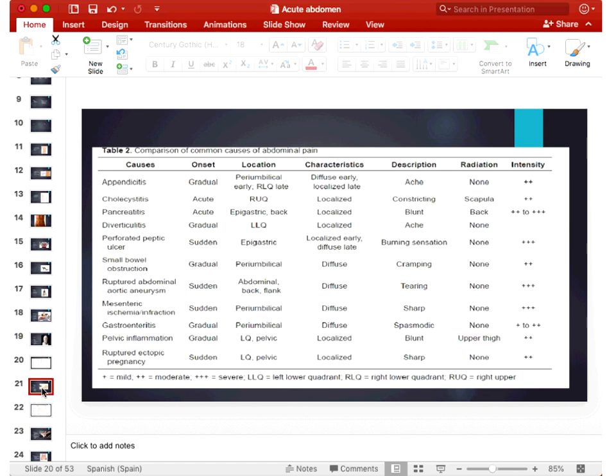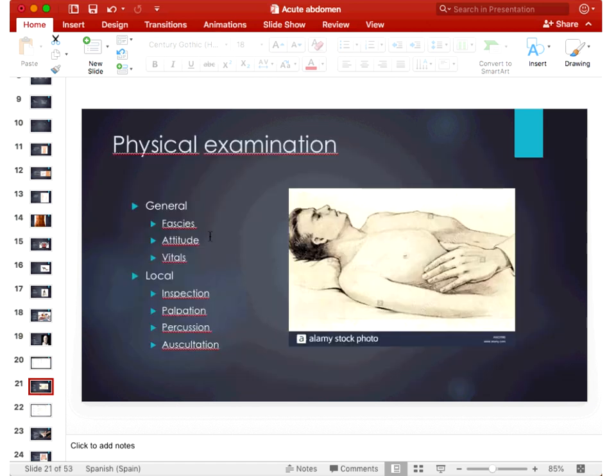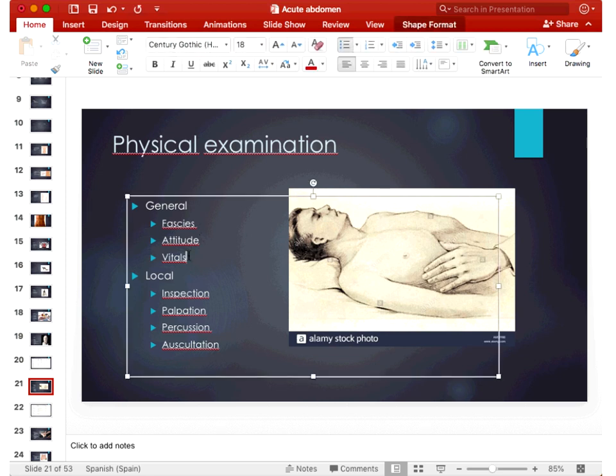Now, when you do the physical examination, you have to see your patient if he has facial pain, if he's yellow, or he's with great pallor, he's with great anxiety. Of course, you have to check for vital signs. And then the local inspection, it means just the abdomen.